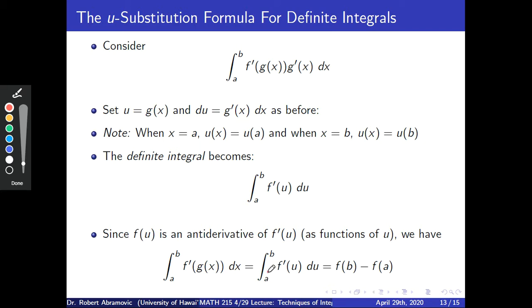So what's important here is that the lower bound and upper bound change. And actually, it's not necessary in this case to plug back in u as a function of x. We can just integrate this definite integral of f prime of u du as a function of u.